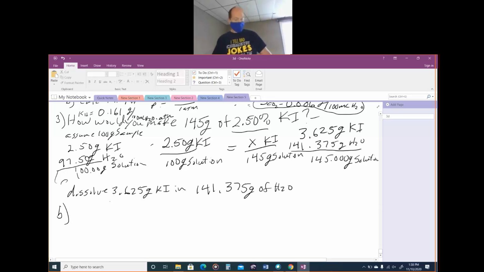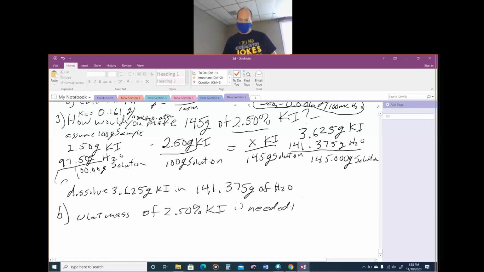What mass of 2.5% KI is needed to obtain 258 milligrams of KI? All right, so what mass of 2.50% KI is needed to obtain 258 milligrams of KI?